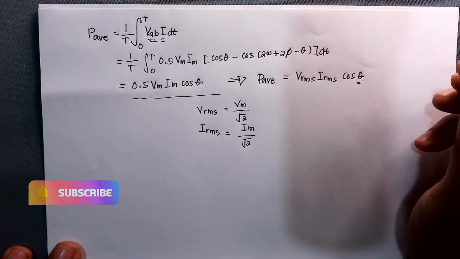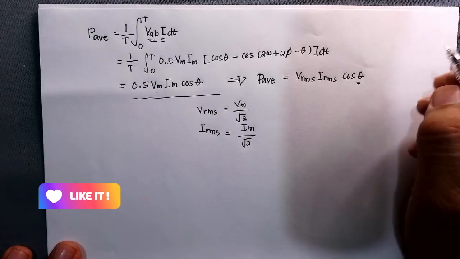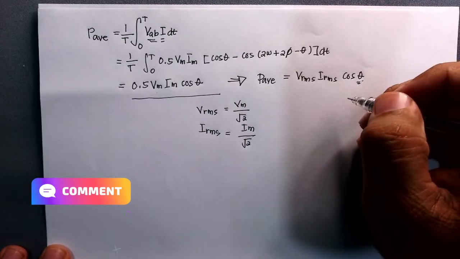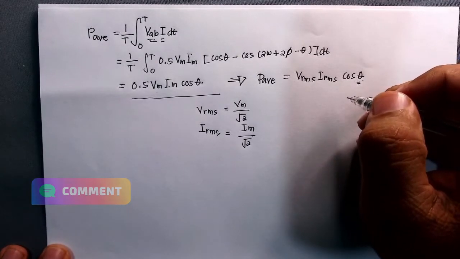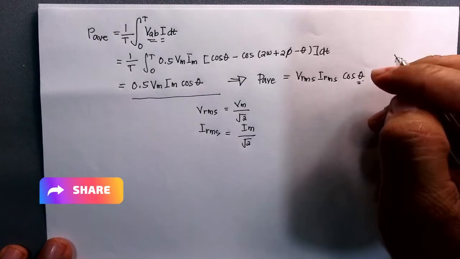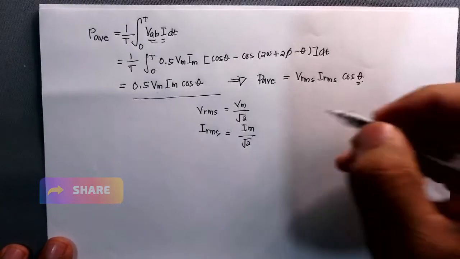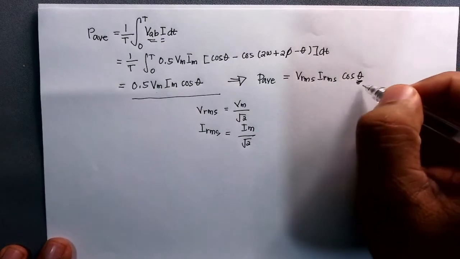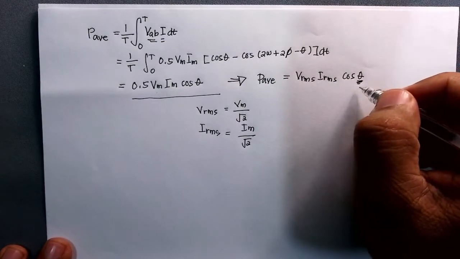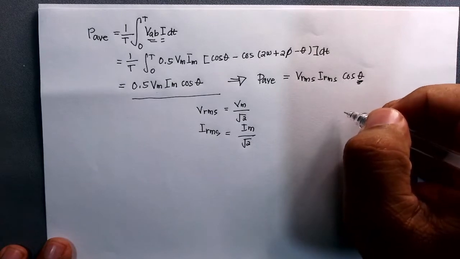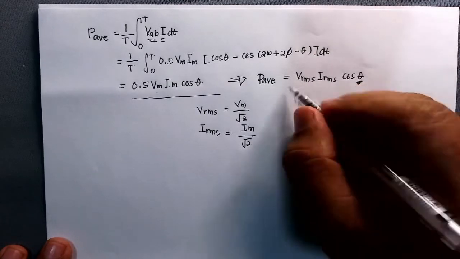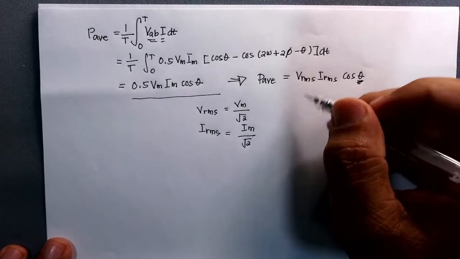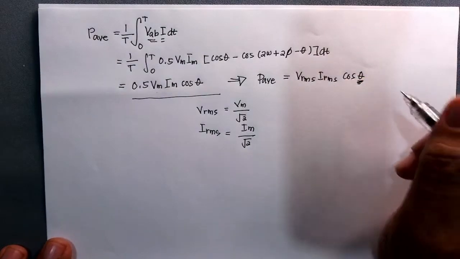So actually we can determine if it is an inductive circuit by knowing this angle theta. And theta here is actually the difference of the angle of the voltage and the current.